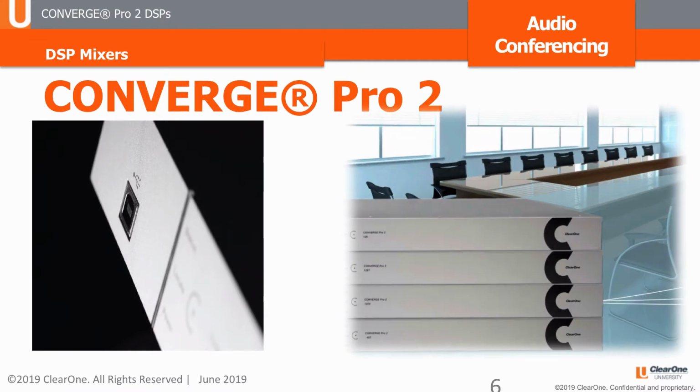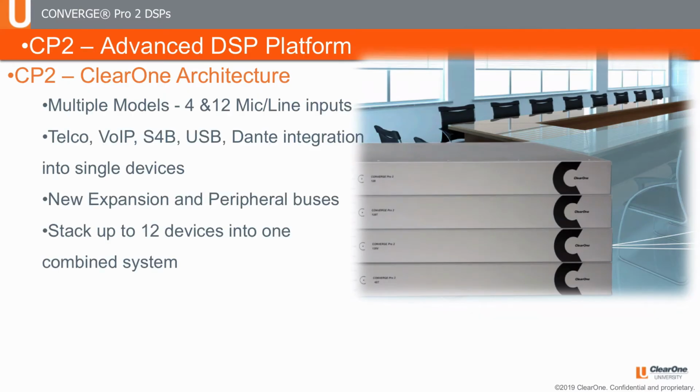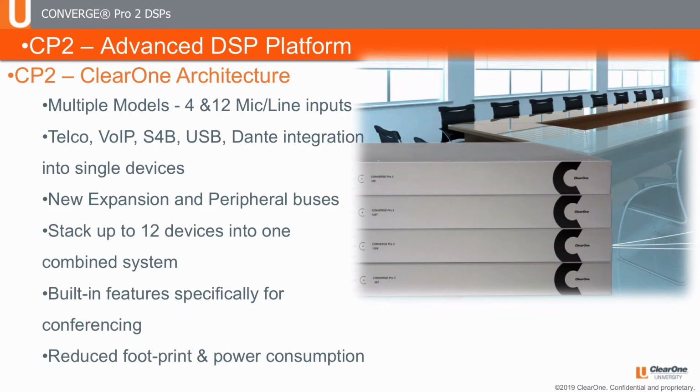Okay, let's look at the Converge Pro 2 family of DSPs. The ClearOne architecture incorporates numerous elements, including multiple models with either 4 or 12 mic line inputs, plus built-in integration for Telco, VoIP, Skype for Business, USB, and Dante.